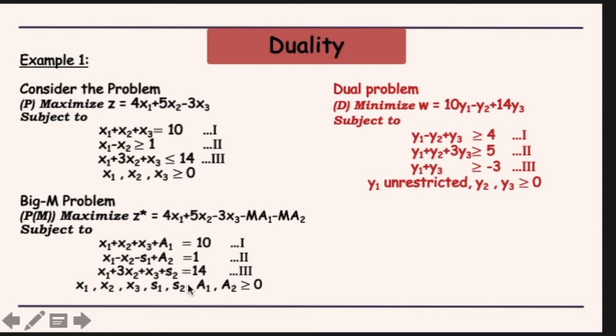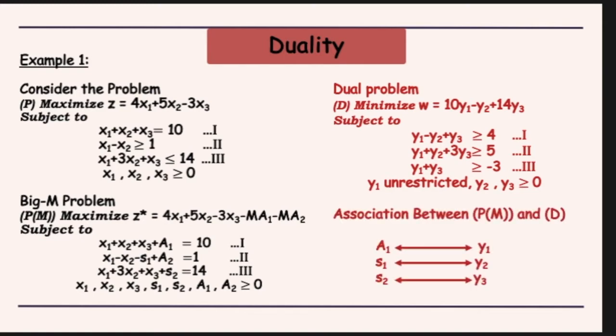Now before we proceed with the solution, let us see the association between the primal big M problem and the dual problem. How do we associate the variables? The artificial variable A1 is associated with the first variable of the dual, which is y1.